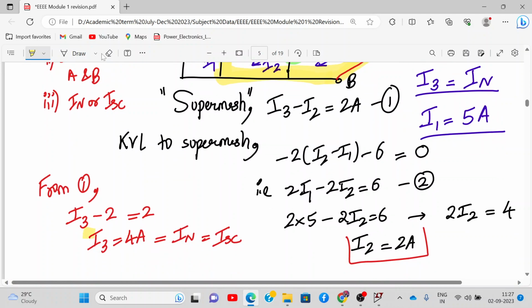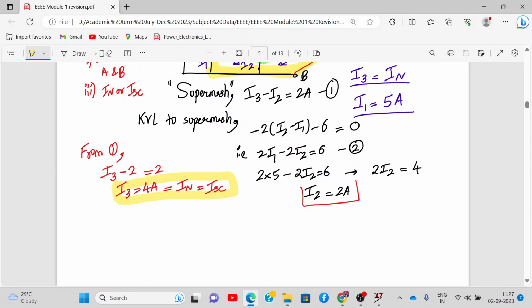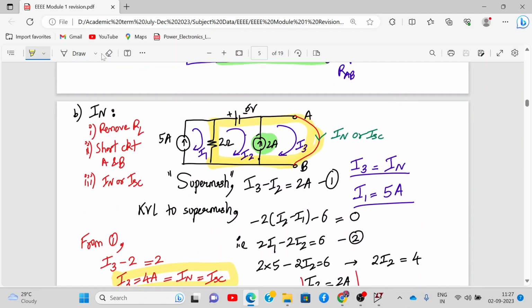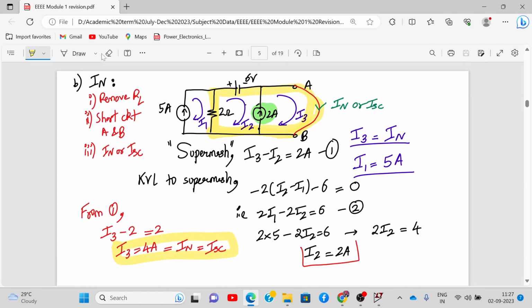If you require any clarity in anything, you tell me now. I've kept the entire numerical in front of you. So take one minute and let me know if you have any doubt. I'll explain that again.